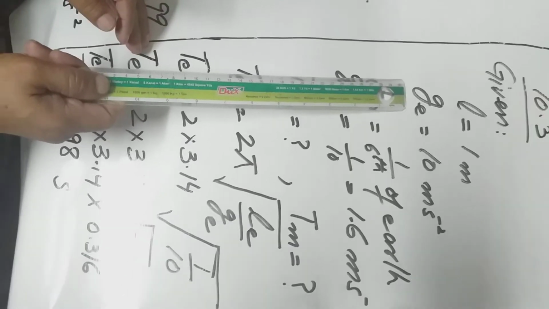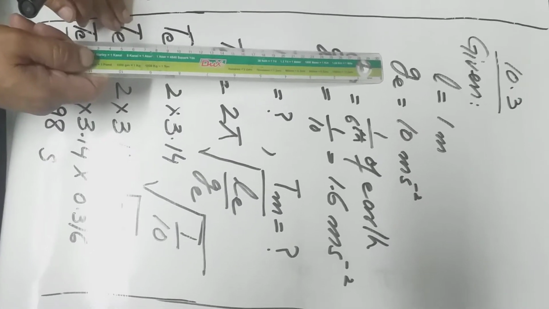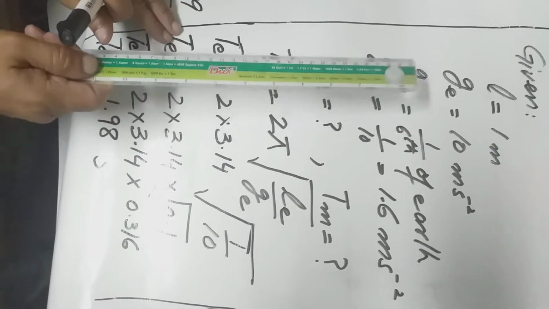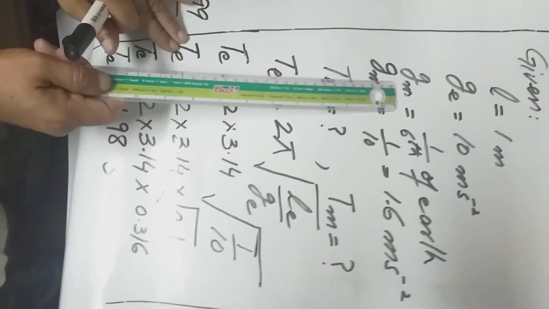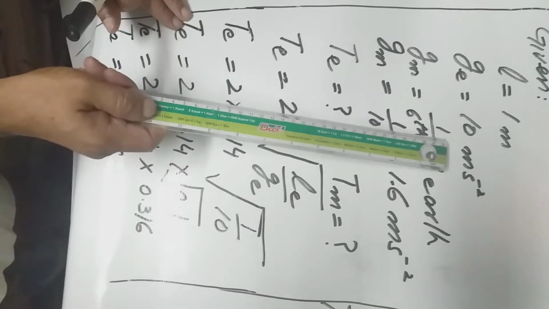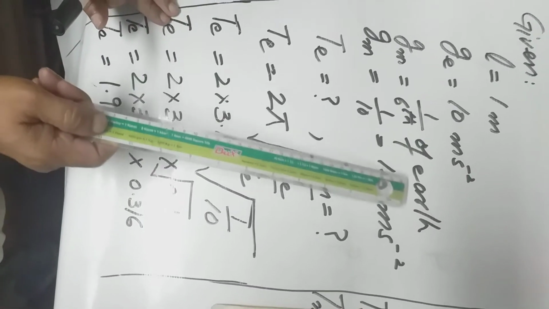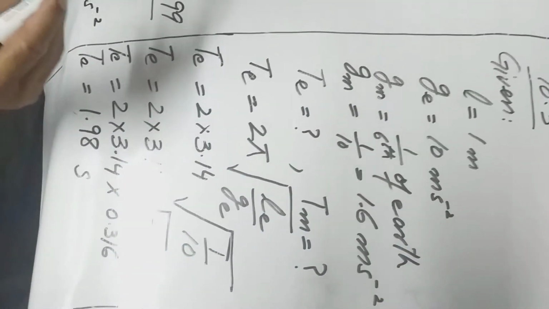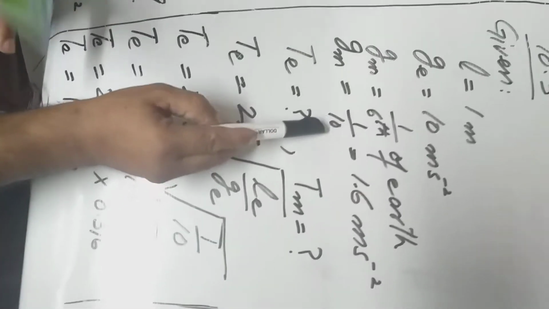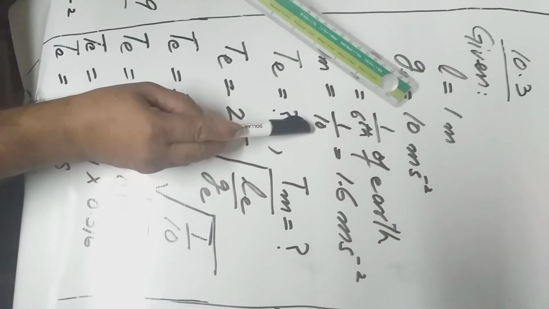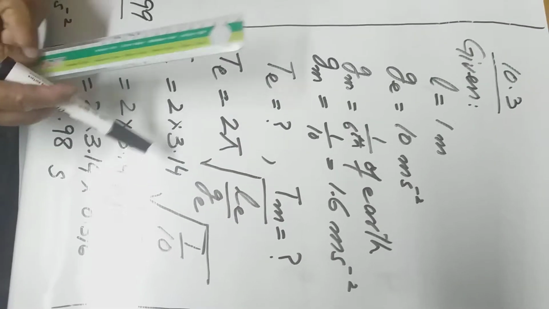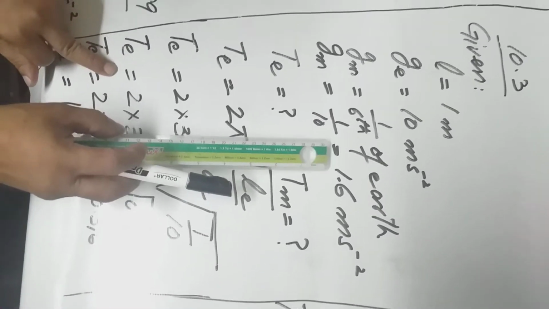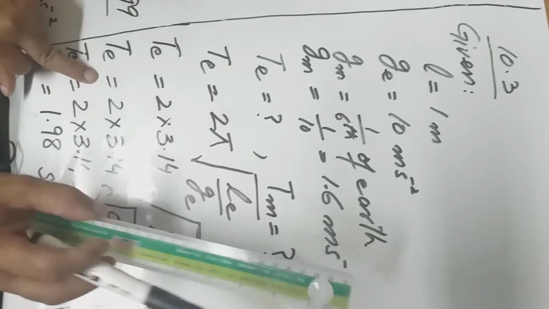g_E, acceleration due to gravity on earth, is given in the question as 10 meter per second square, whereas the acceleration due to gravity on moon is given as 1/6 of earth acceleration due to gravity. So 1 over 6 times 10, 10 is the acceleration due to gravity on earth. So we place the value here and after solving it comes 1.6 meter per second square.